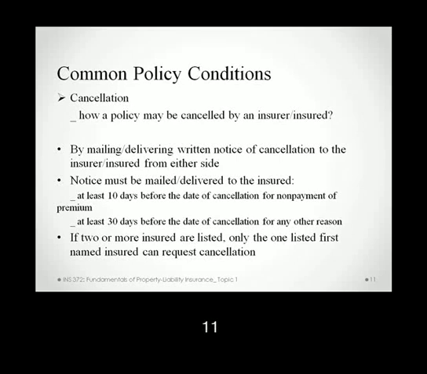So for example, if person A and person B are both listed, however person A is listed first, then only person A will have the right to cancel the policy. And at the same time, if the insurance company decides to cancel the policy, then the insurance company will only need to write a written notice to person A.